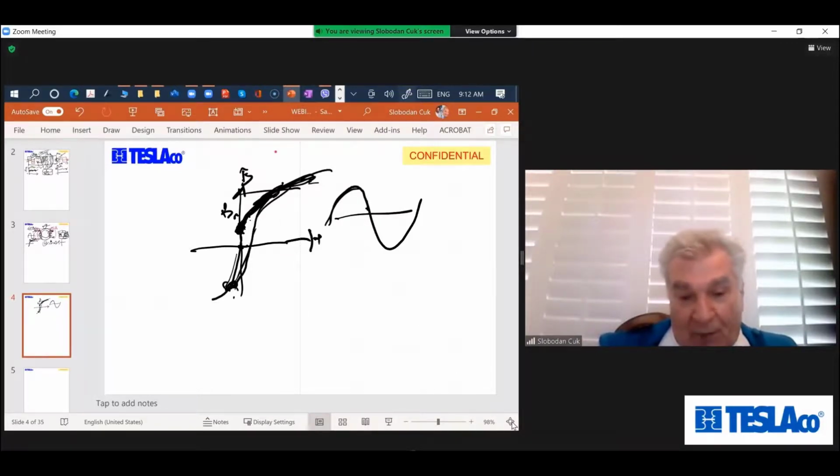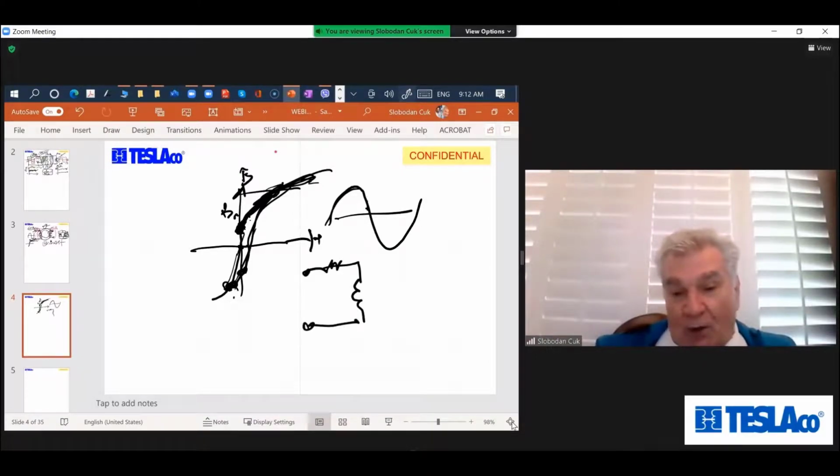Because you didn't start from negative saturation, so you had time to come back. And what happened? Nothing will happen, because that resistance in the coil acts as an automatic feedback.